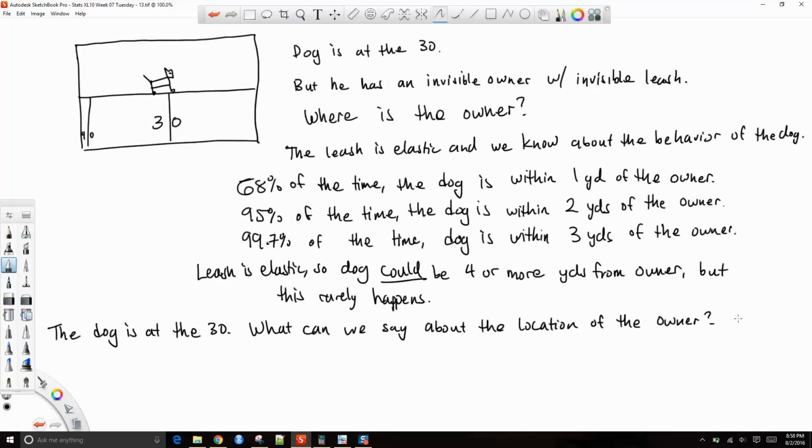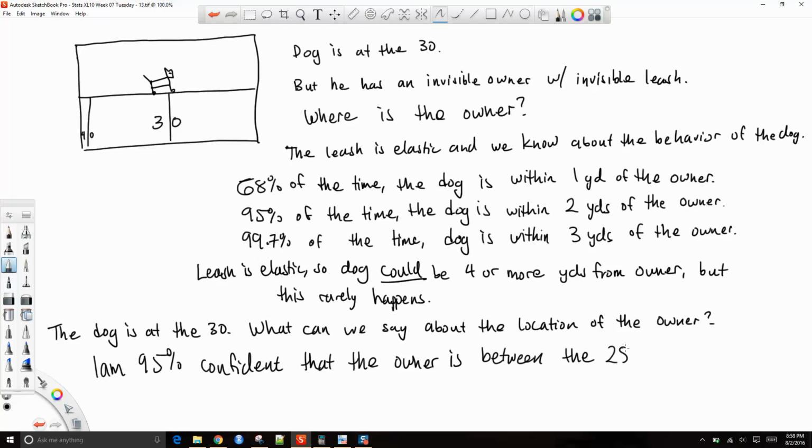So we're going to go for the middle and we're going to say, I am 95% confident that the owner is between the 28 and the 32 yard lines.